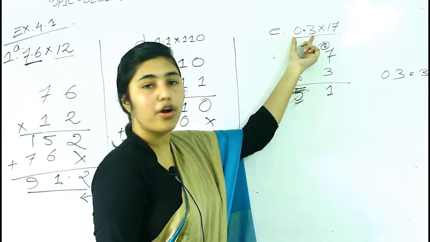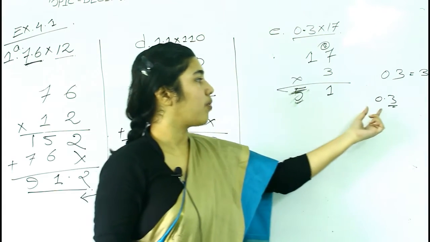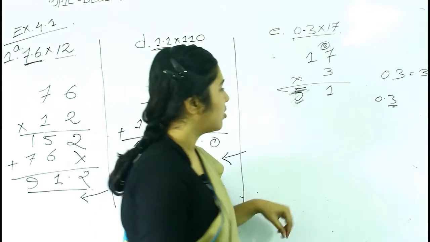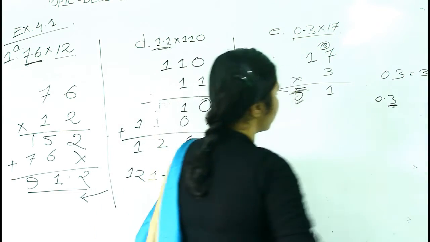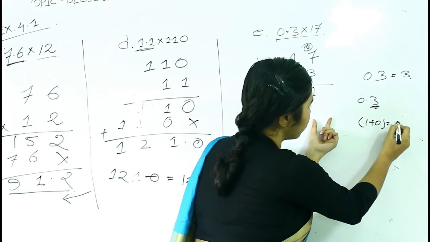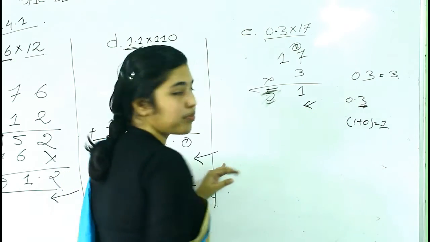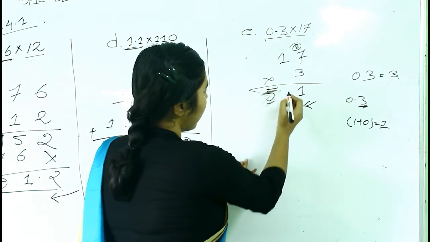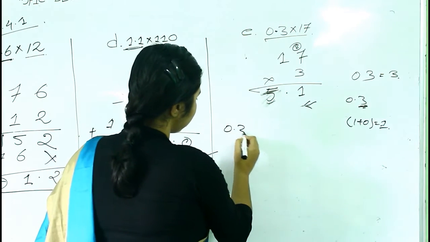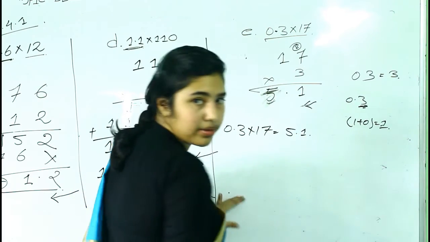Now 0.3 again has 1 decimal place and 17 has 0 decimal places. So 1 plus 0 is equal to 1. Again insert the decimal point from the right at 1 decimal place. So our answer, 0.3 into 17, is equal to 5.1.